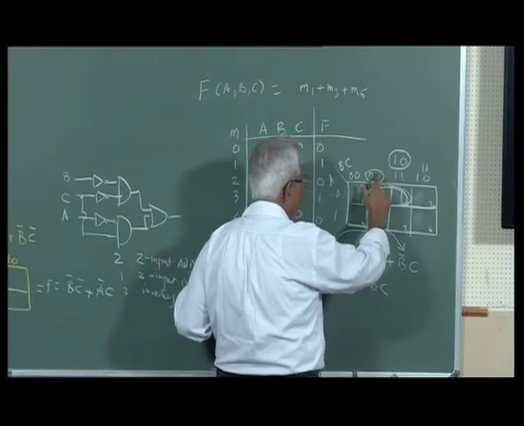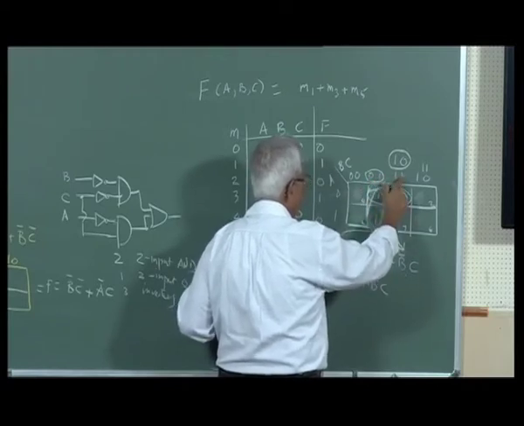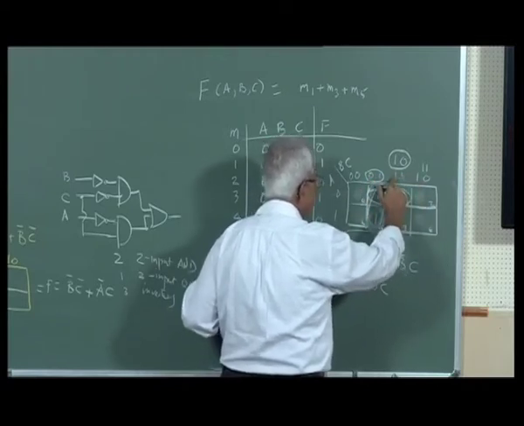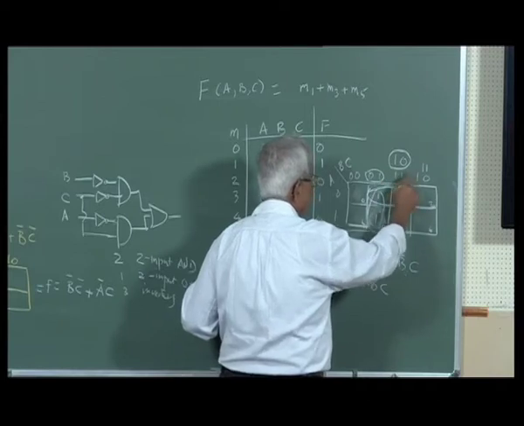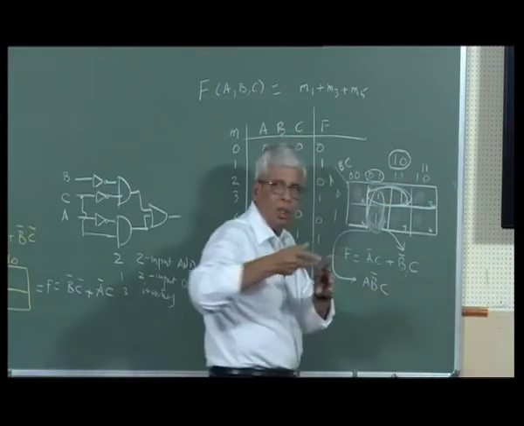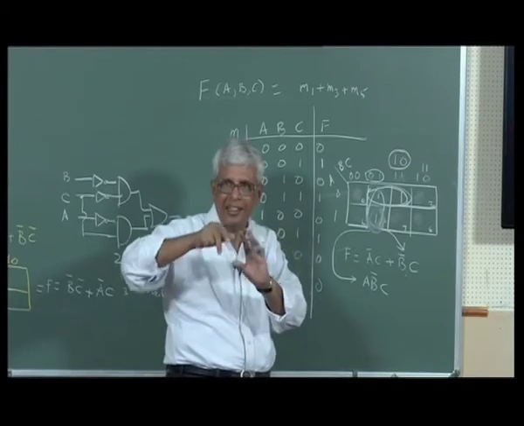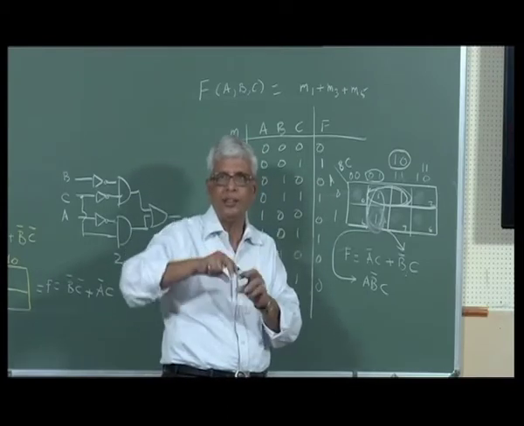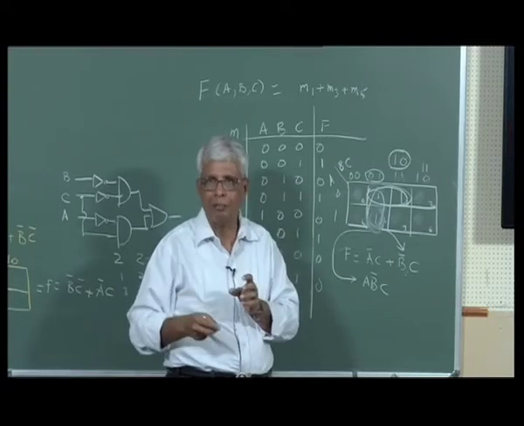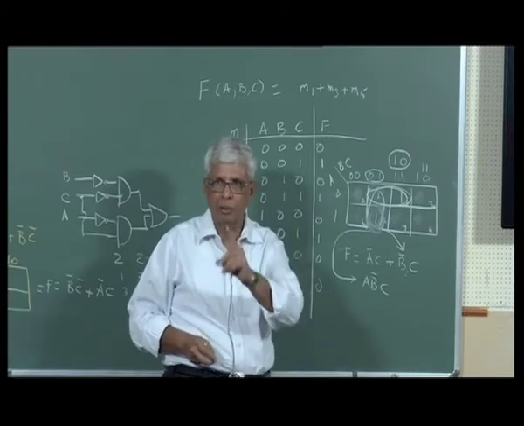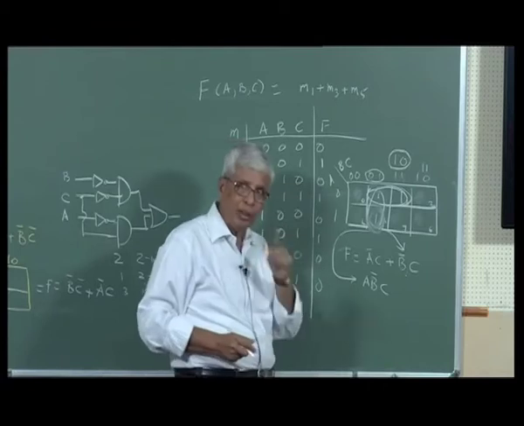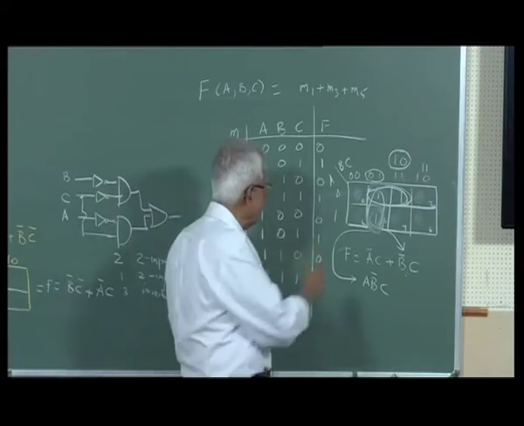This is B 0, C is 1; B is 1, C is 1. Between this and this, B is 1, C is 1, C is 0. Two adjacent terms, two adjacent cells, two adjacent squares, whatever you want to call them, can differ only in one variable.